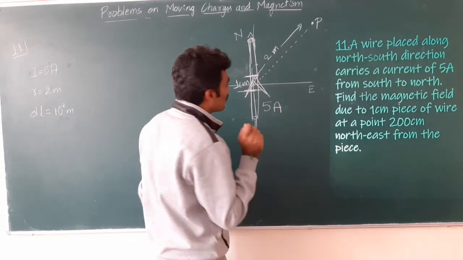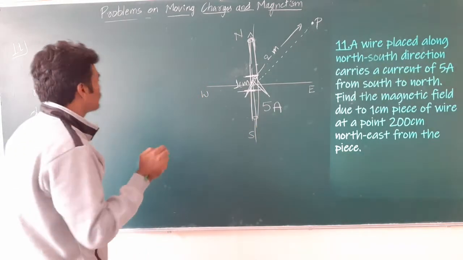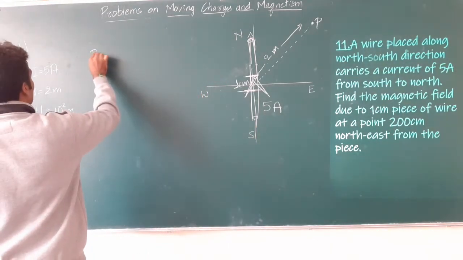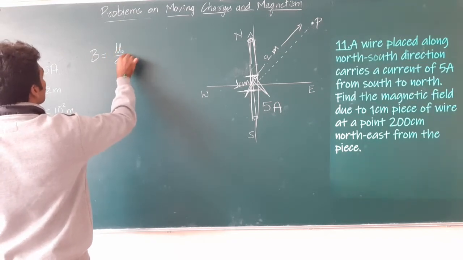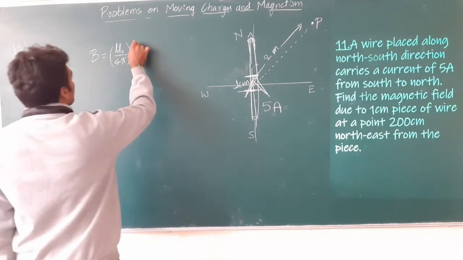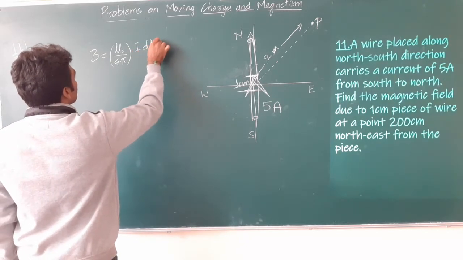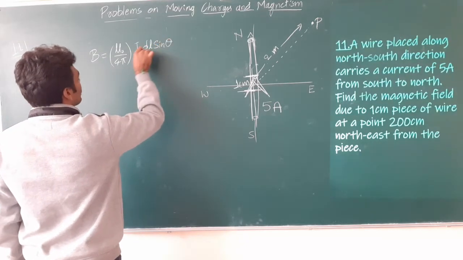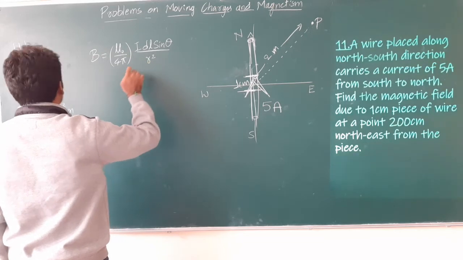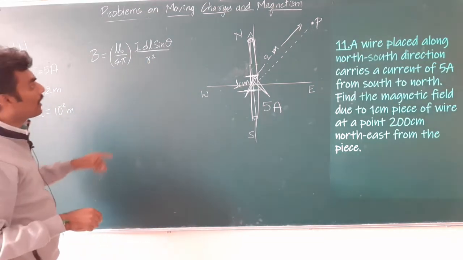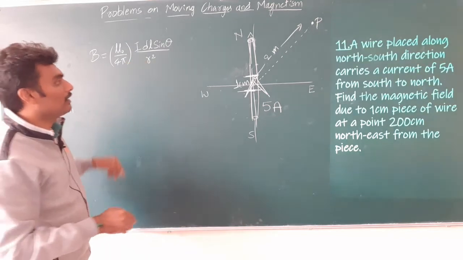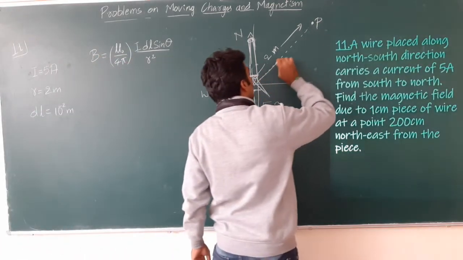If you can remember Biot-Savart's law, the expression for the magnetic field due to this kind of wire is, remember, B is equal to mu naught by 4 pi, I dl sin theta by r squared. So here theta is the angle between the direction of I, dl and r. So this is our r.